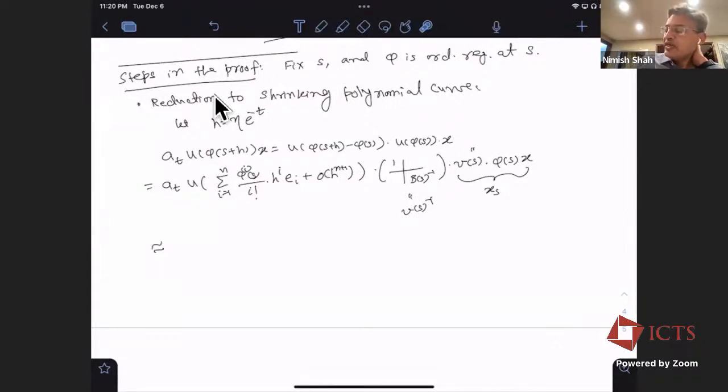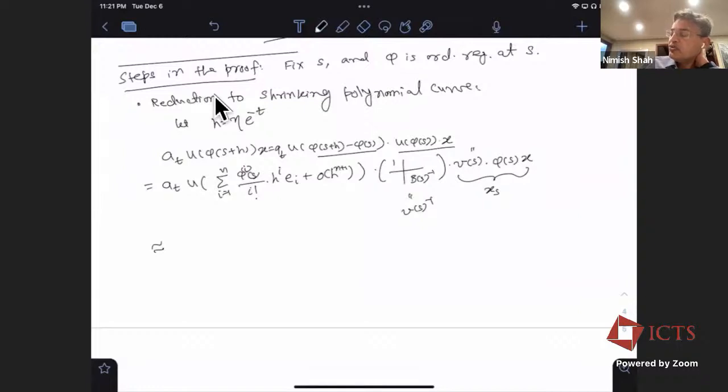And so you try to do the Taylor expansion, AT times U of S plus H. H is, suppose, something like eta times e to the negative t, then AT times U of S plus eta times e to the negative t times X. You rewrite it as AT times U of, you subtract phi S and then multiply it by phi S X here.